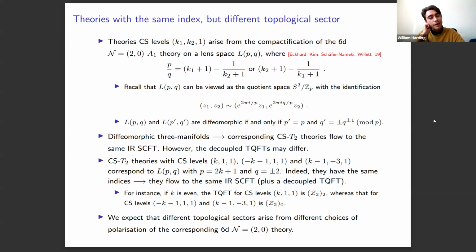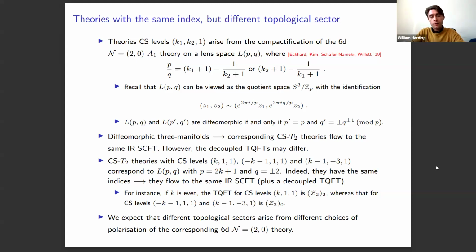Now, if we have diffeomorphic lens spaces, this means that the corresponding Chern-Simons T2 theories flow to the same infrared SCFT, because the indices are the same. However, as anticipated, the decoupled TQFTs might differ. So let us consider an explicit example.